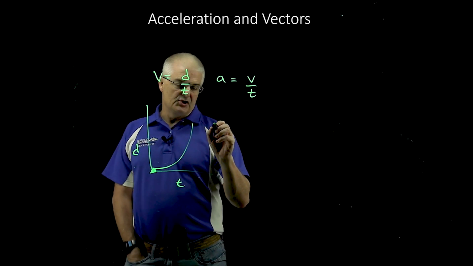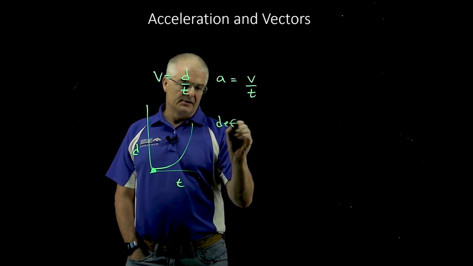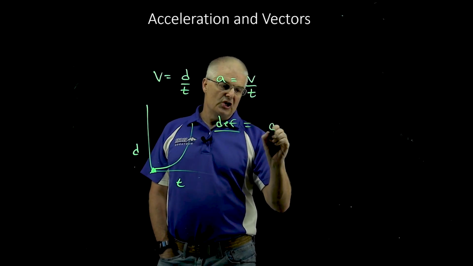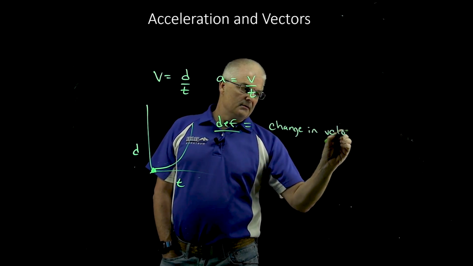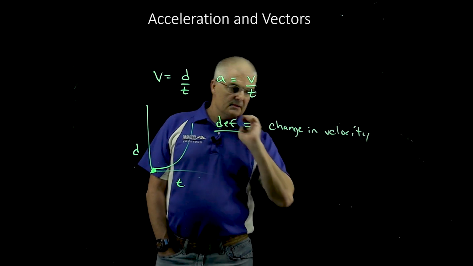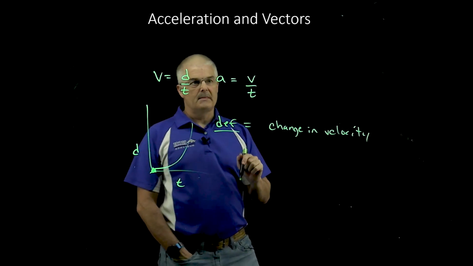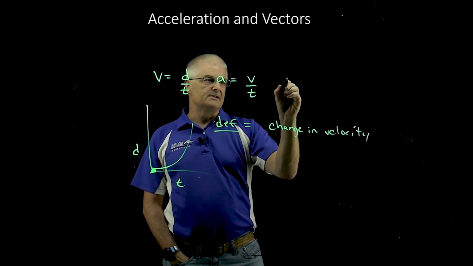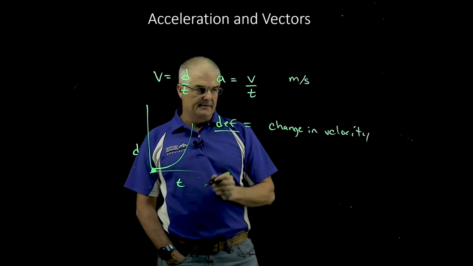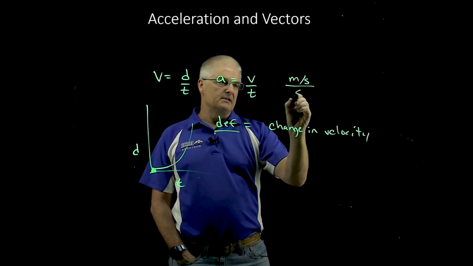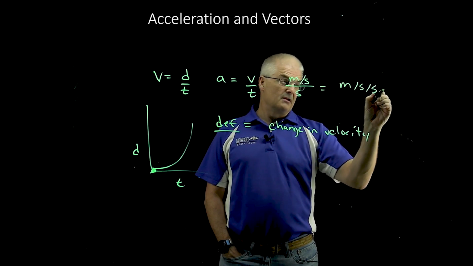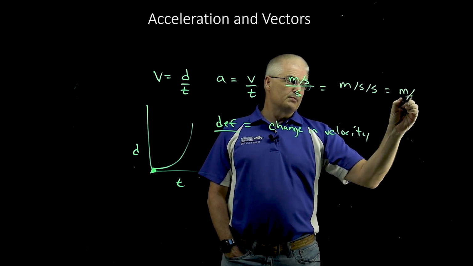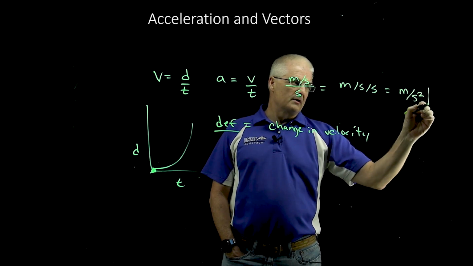So the definition of acceleration is the change in velocity. And let's talk about the units. If velocity is meters per second, it's meters per second divided by seconds, and we usually just write meters per second squared.